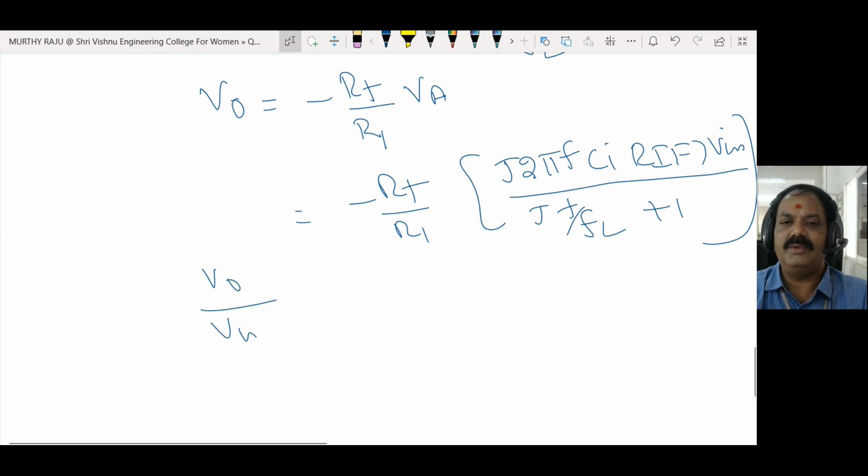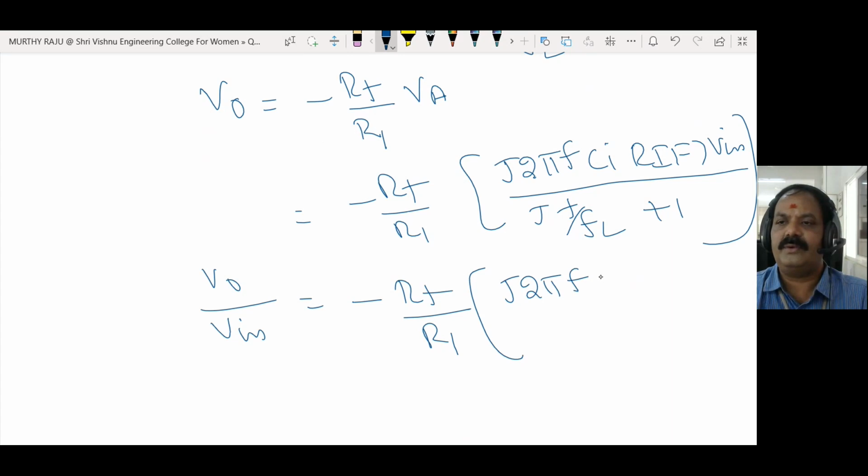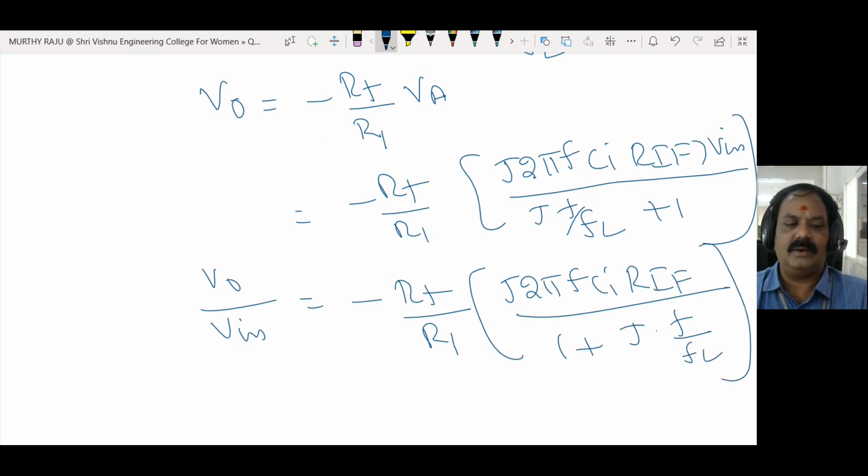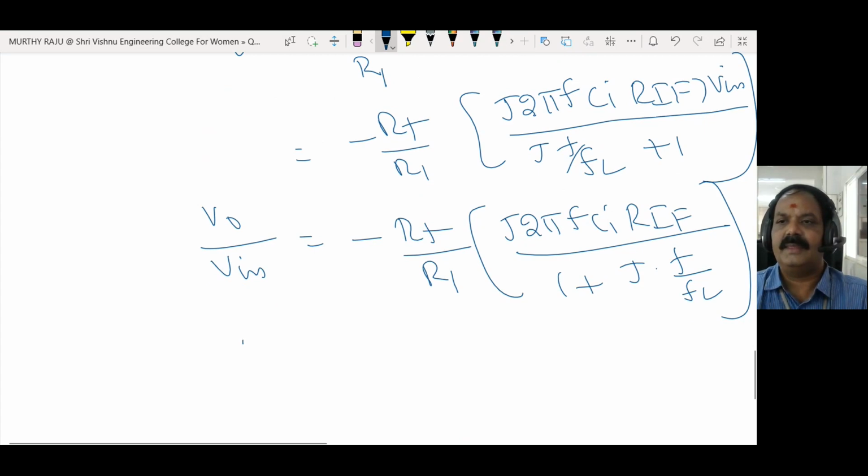V naught by V in is equal to minus RF by R1 into j 2 pi f CA RIF by 1 plus j into f by FL. This is the lower cutoff frequency.